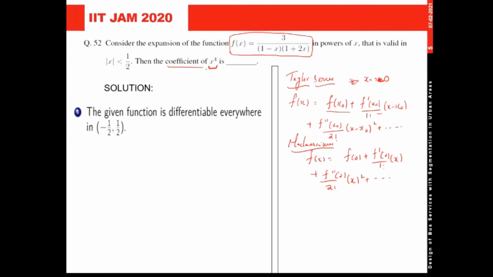That means the series representation is unique, so any expansion must be a Taylor or Maclaurin series expansion.